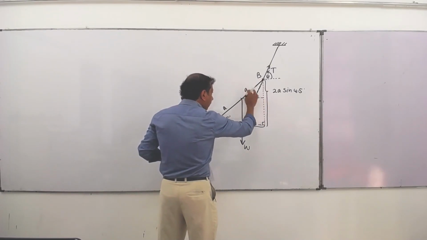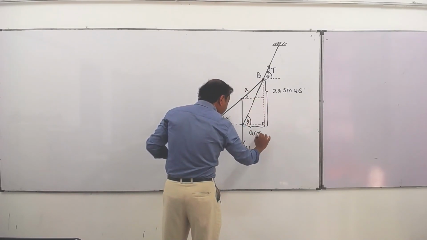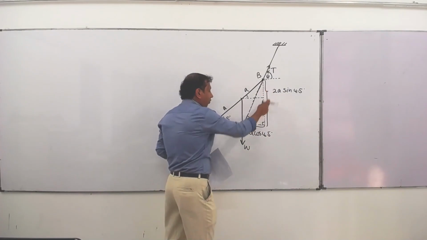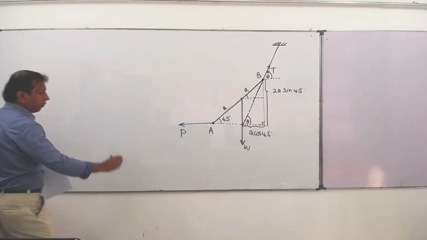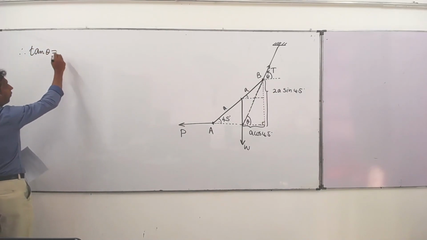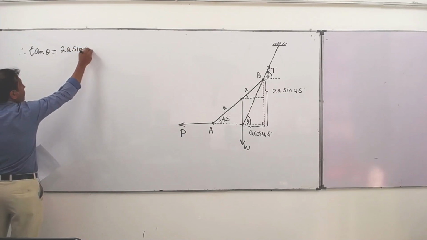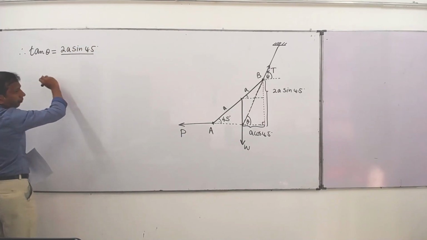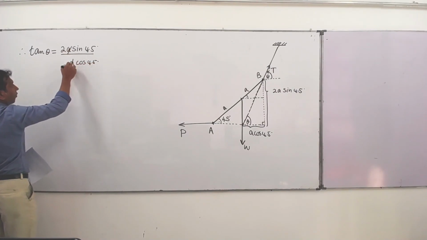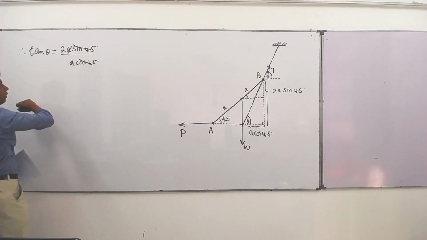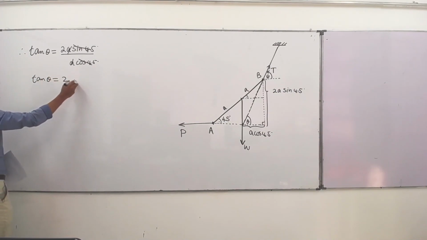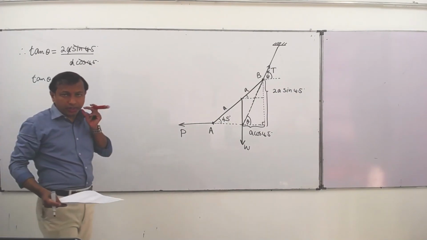What is this length? A cos 45. Then tan theta we can write as opposite by adjacent. Therefore, tan theta equals 2a sine 45 divided by a cos 45. A and A you can cancel down. Sine 45 and cos 45 are equal, 1 over root 2 each. Then that 2 also we can cancel down. Then we get tan theta as 2. Tan theta equals 2.